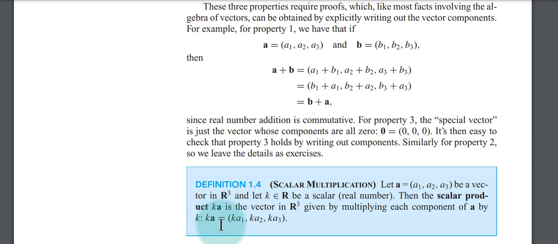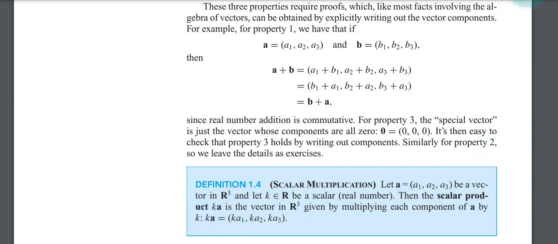Is there anything that you might guess about what KA looks like in relationship to A? They want to discuss: is there some nice visual property that we can notice about what happens when we multiply A by K? What's the result in relationship to the original A?